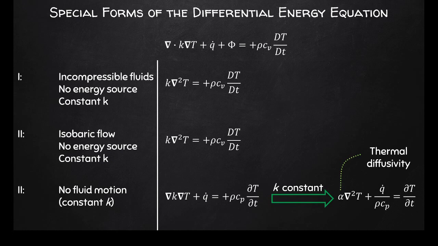In this case, we obtain the following equation by removing the thermal conductivity from the nabla sign. The ratio of thermal conductivity and rho Cp is called thermal diffusivity. Compare its units with units for the other types of diffusivities you have encountered thus far. What do you notice about them?